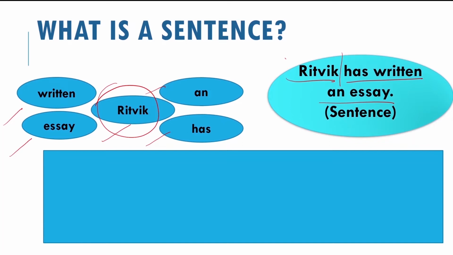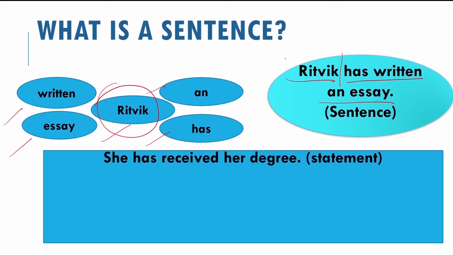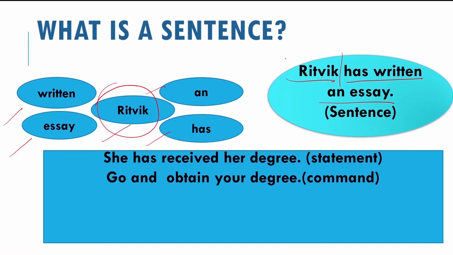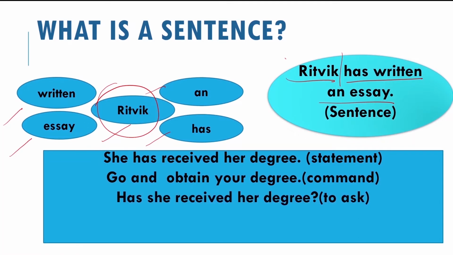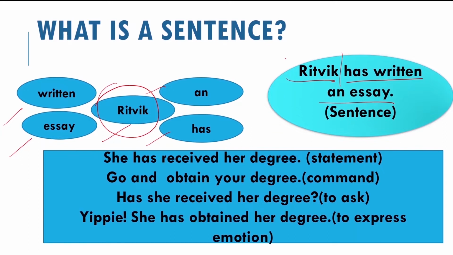Sentences can be defined as a group of words that are put together to mean something. It is a basic unit of language that expresses a complete idea. We write sentences to make statements, to command, to ask questions, and sometimes we even write sentences to express emotion.